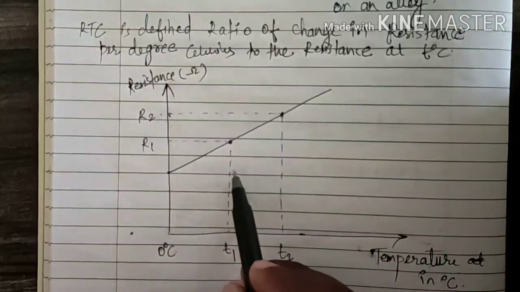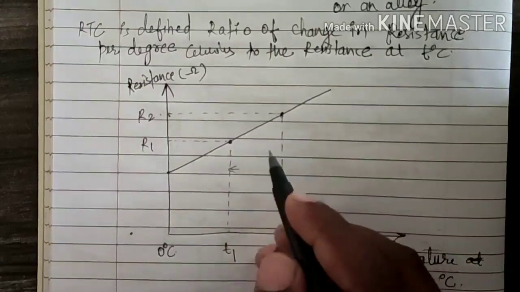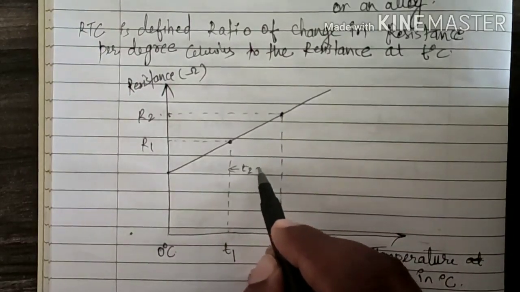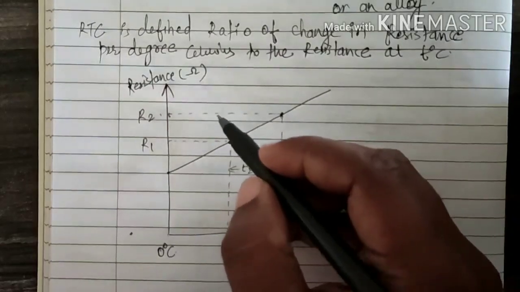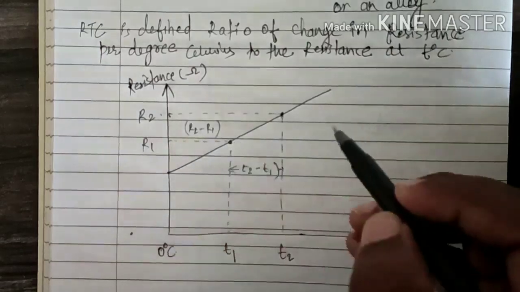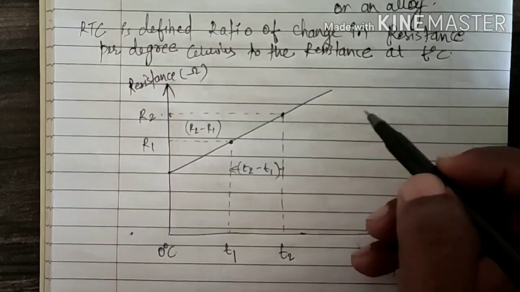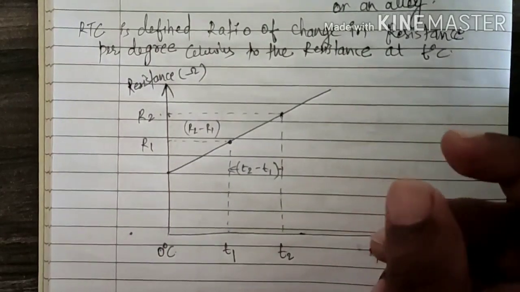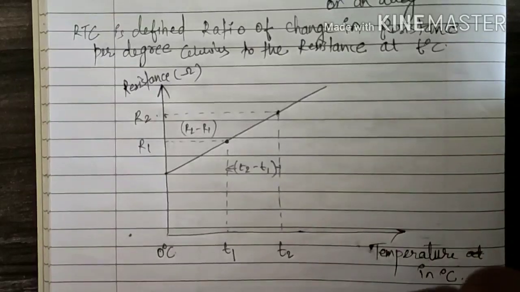The difference in temperature is T2 minus T1, and similarly the difference in resistance is R2 minus R1.